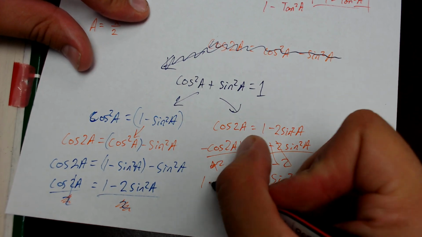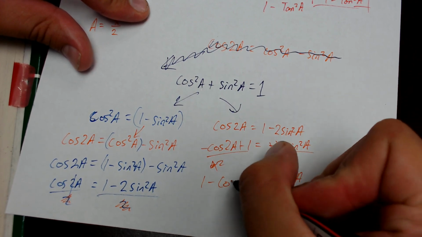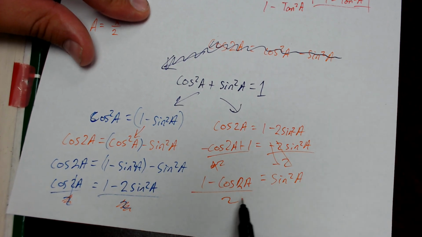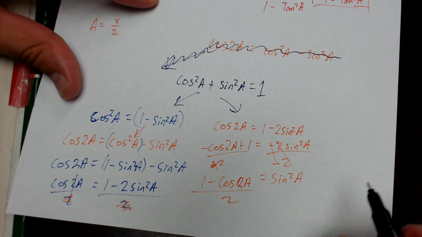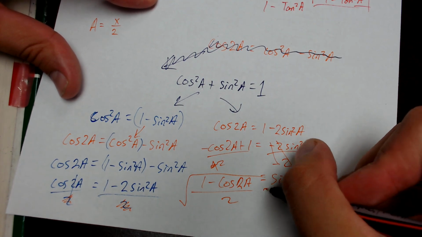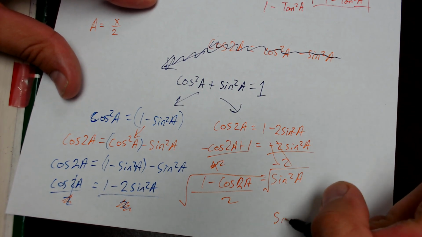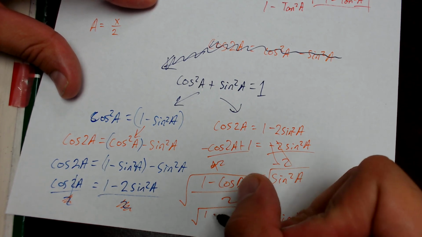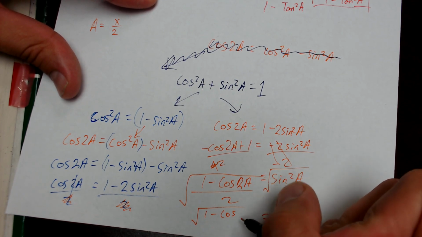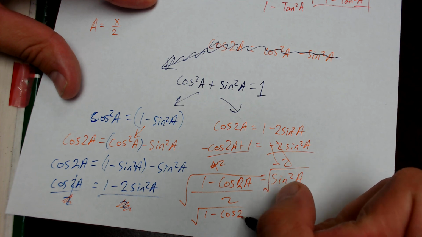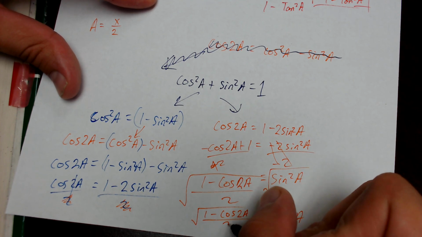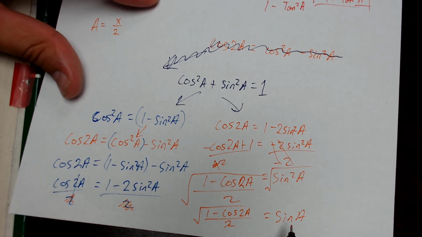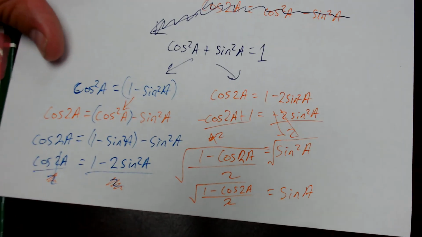And now what I've got is 1 minus cosine of 2a over 2. That is equal to the sine squared of a. From here, we take the square root of each side to get the sine of a, which is going to equal the square root of 1 minus the cosine of 2a over 2. And that is the half angle identity for sine of a.